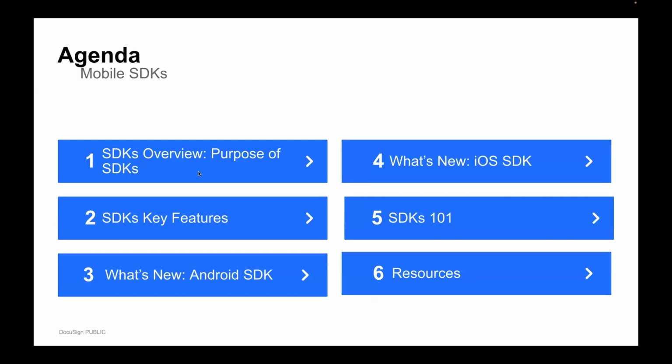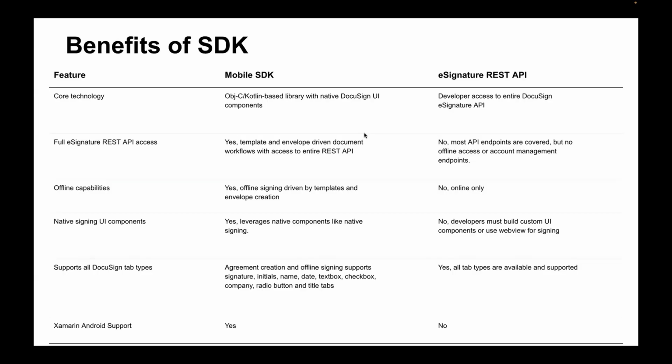We'll also show various resources for SDK 101, which includes documentation, how-to guides, etc. Finally, we'll cover the resources section, which includes links for DocuSign University and mobile SDK reports, etc. Let's get started with the mobile SDK overview.